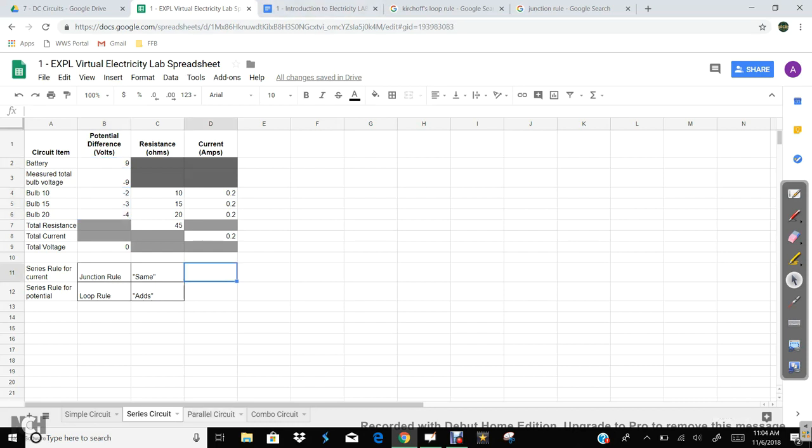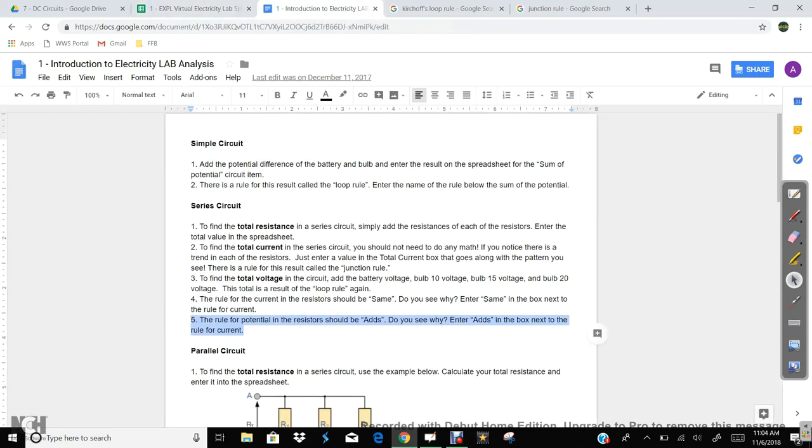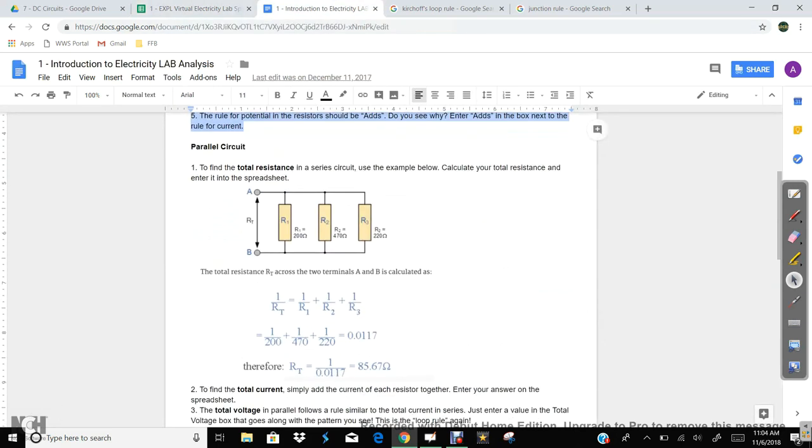All right, let's move on to the parallel circuit now. So finding the resistance in a parallel circuit is different than finding the resistance in a series circuit. There's a different equation which we do have listed right here underneath this circuit, but we'll go ahead and do the math together.